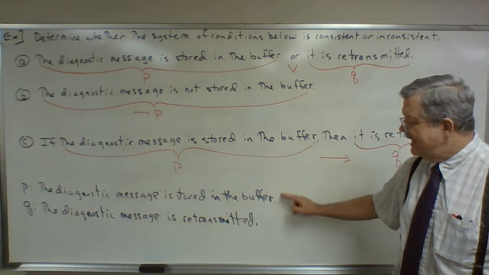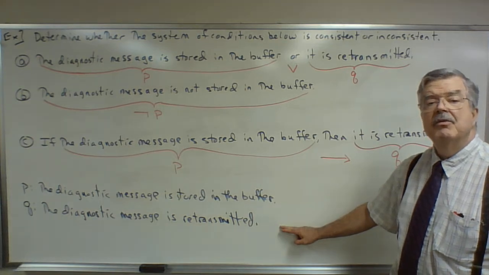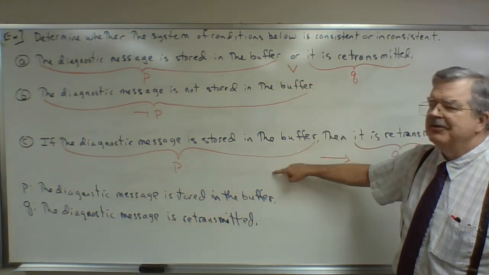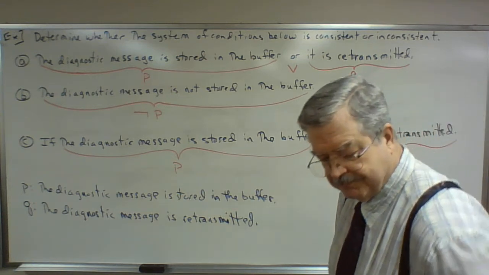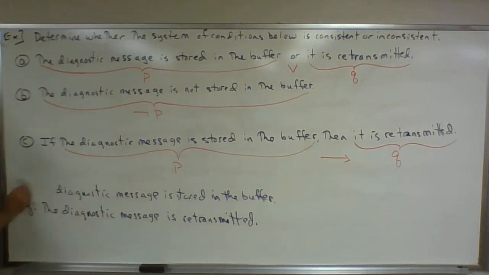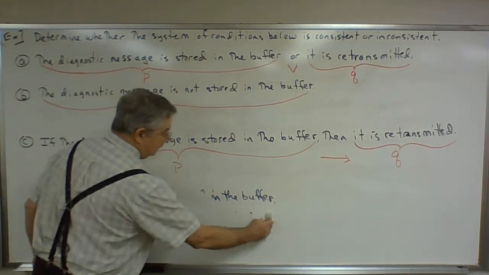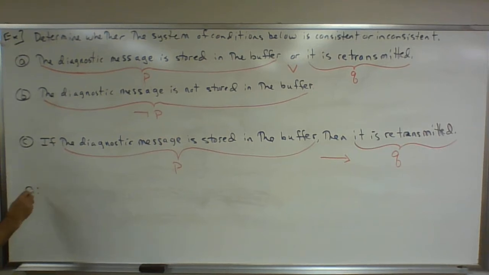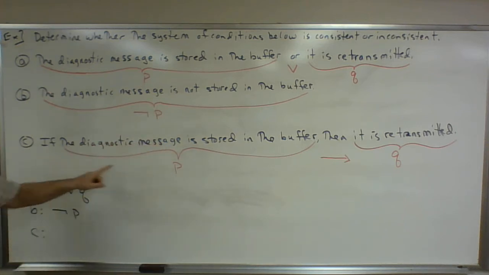But I'm going to erase these last two lines just to make room for what conditions A, B, and C are in terms of P and Q. So A, that is P or Q. Condition B is not P. And condition C is P implies Q, or if P, then Q.